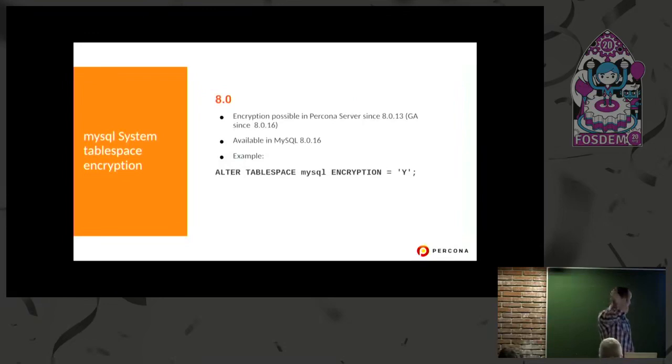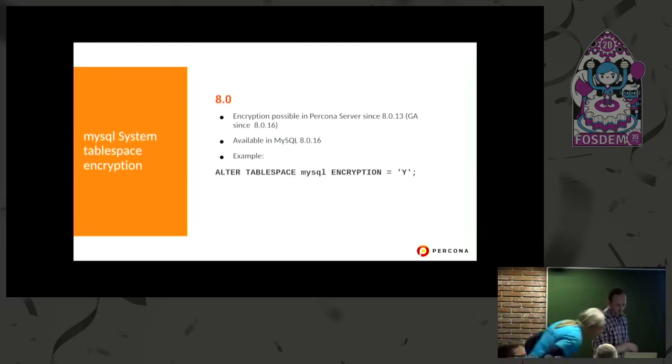So MySQL system tablespace encryption. This is 8.0 specific. In MySQL 8.0 and Percona Server 8.0, the MySQL system tablespace contains the MySQL system database and the data dictionary files.